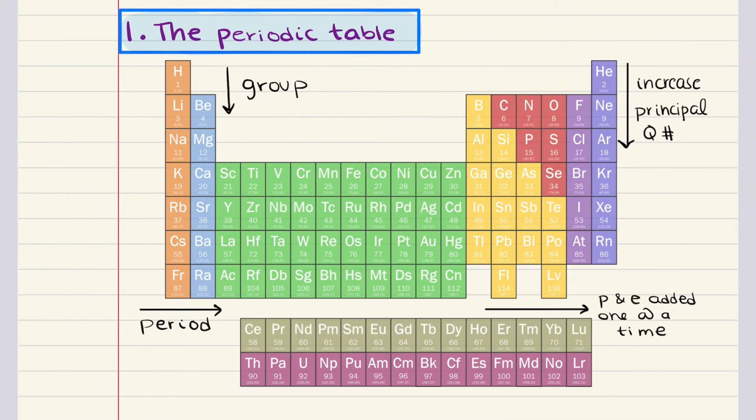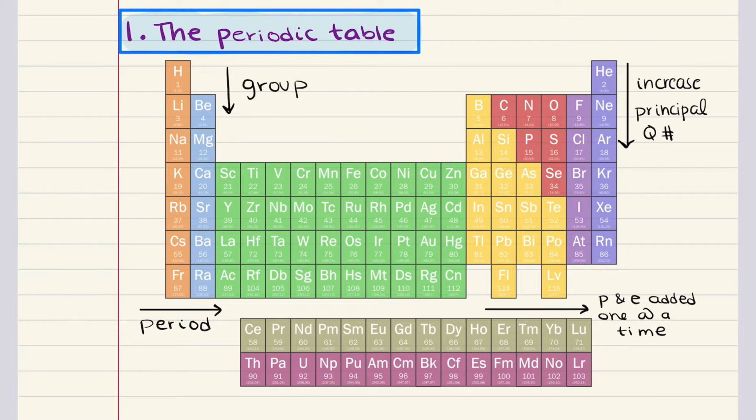This led to the modern periodic law, which states that the chemical and physical properties of elements are a periodic function of their atomic numbers. By arranging elements by increasing atomic number, the modern periodic table corrected inconsistencies found in Mendeleev's table, and it definitely provided a more accurate framework for understanding elemental properties.